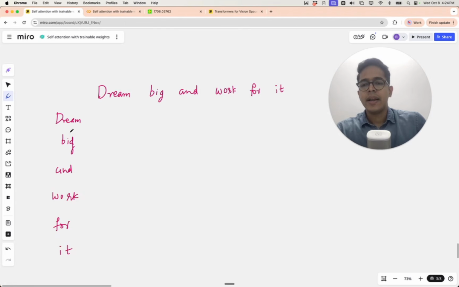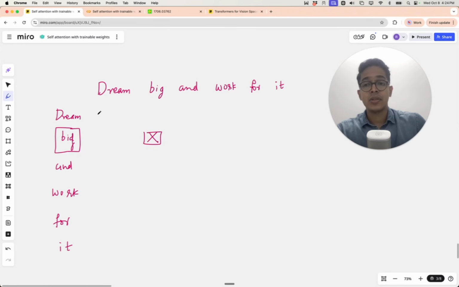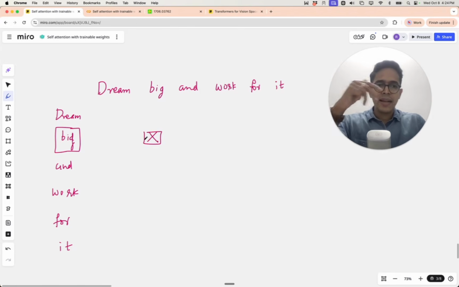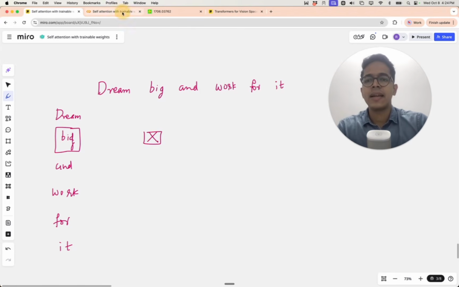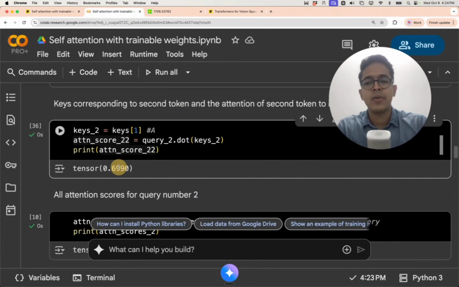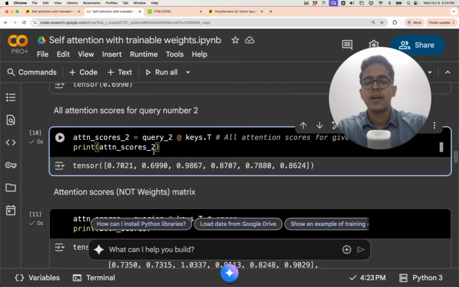Now, if my query is big, and if I'm trying to calculate the attention score between big as the query and big as the key, it will be here. This is the position, right? So in my final attention score matrix, which will be a 6 by 6 matrix, the position will be second row and second column. So we'll check whether the second row, second column item's value is 0.6990 or not.